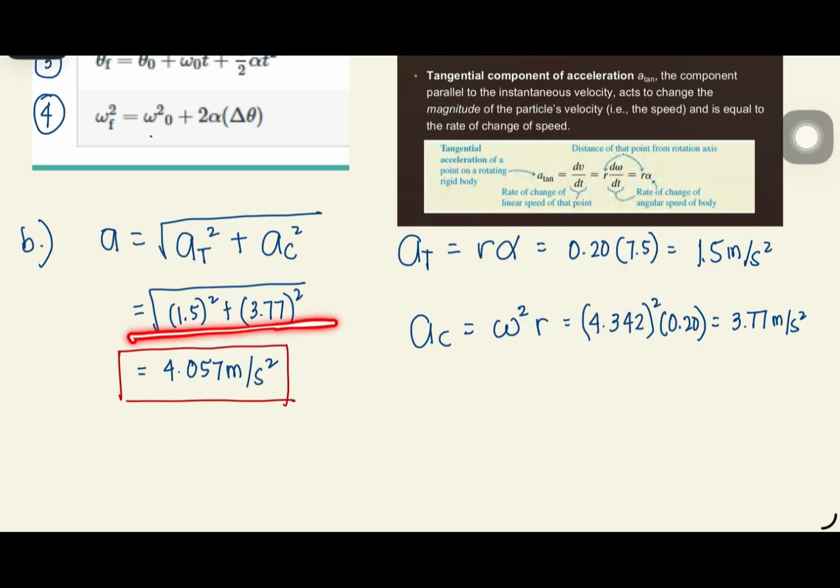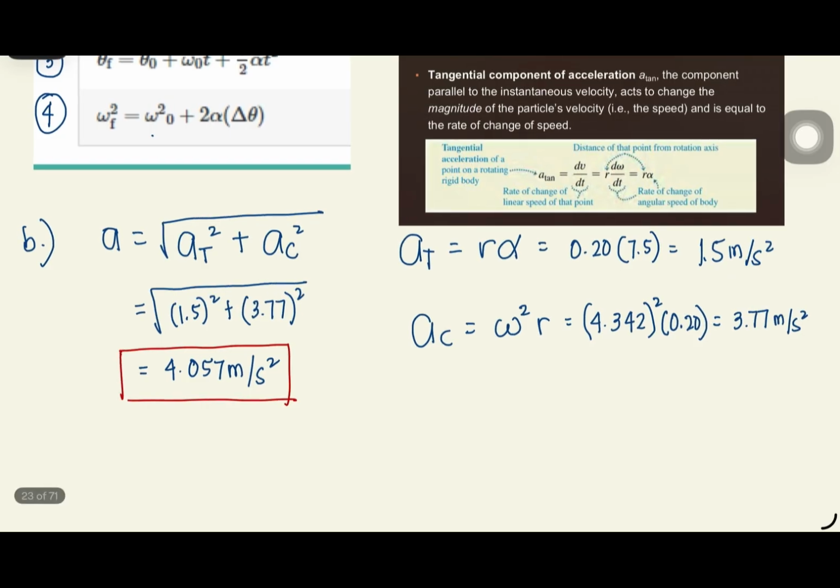Then back to our equation, substituting the two variables, we get the resultant acceleration equal to 4.057 meter per second squared.